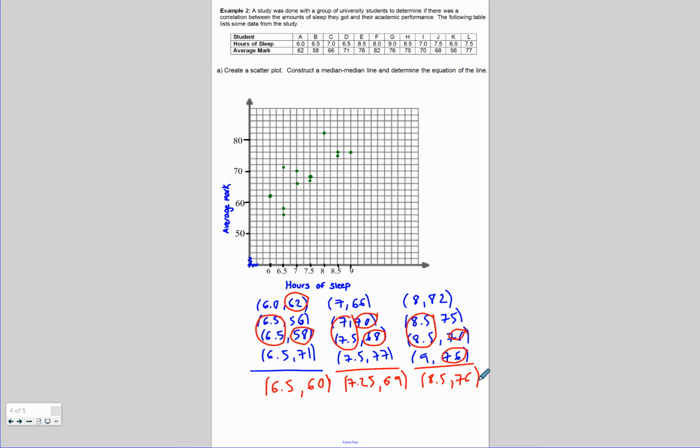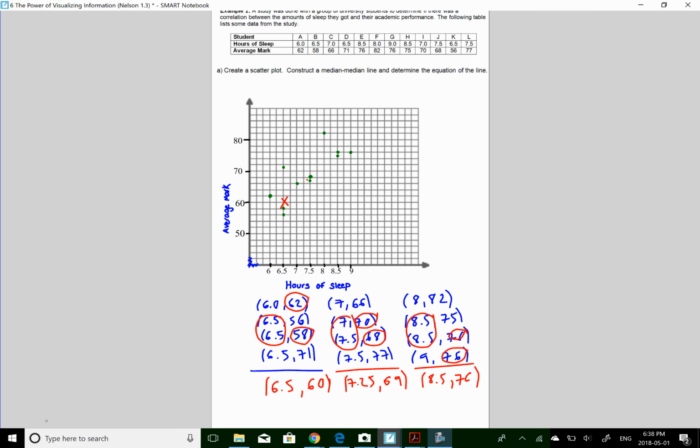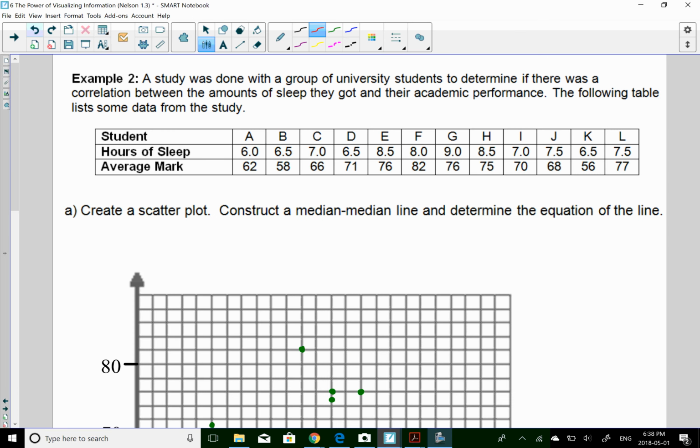So plot these points. 6.5 and 60. And 7.25 and 69.